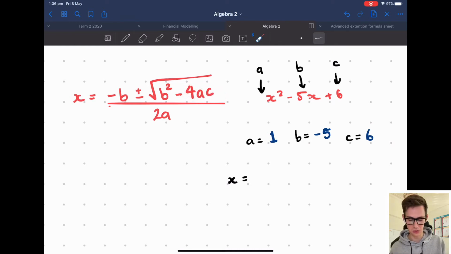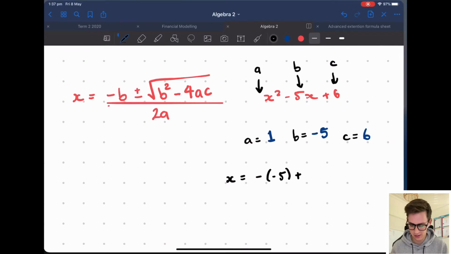One really useful tip: whenever you're substituting anything, always use brackets around the thing you're substituting. Even though you would just type this straight into your calculator, I'll write out how I would be typing it in. So I'd hit negative, and then there's a b, so I'm going to write brackets, and then my b. Now this plus minus might be a little bit confusing at first. Start with just making it a plus.